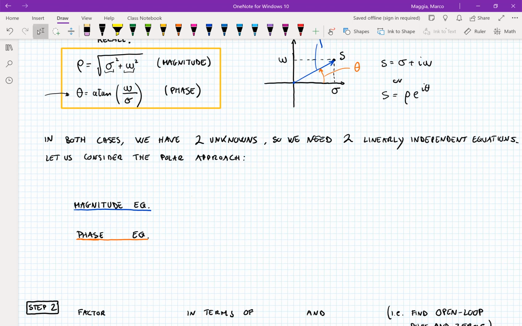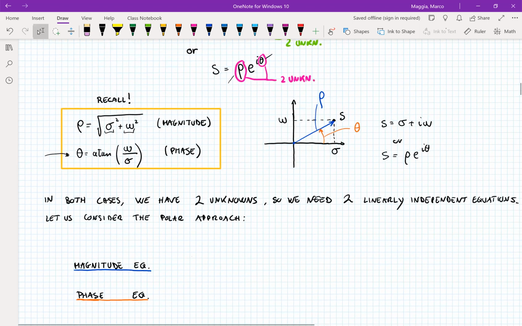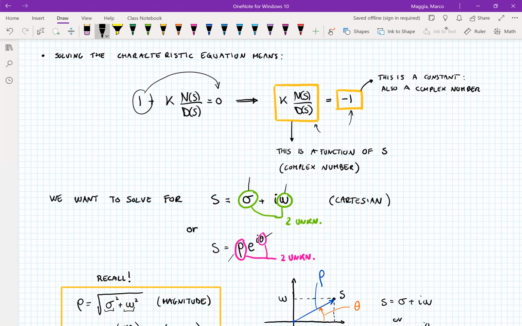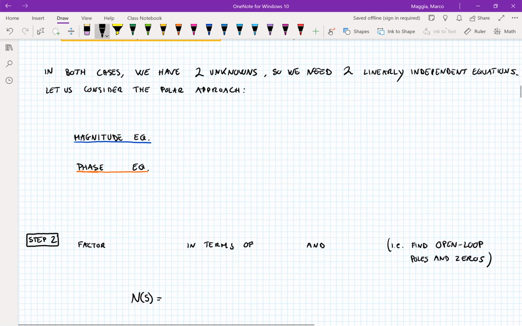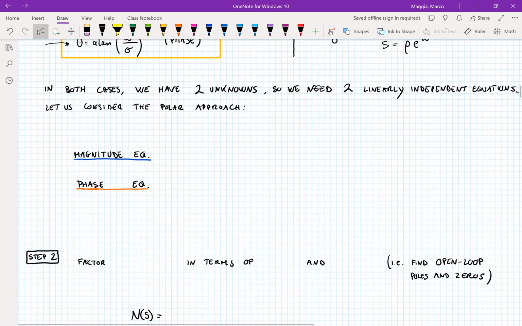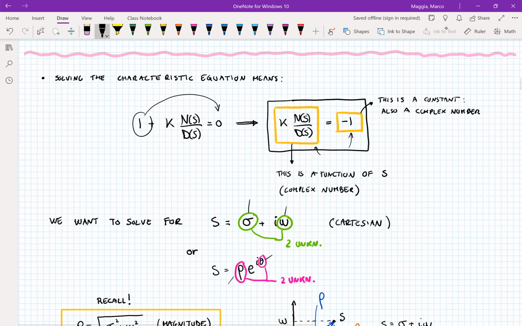So if we consider the characteristic equation from a polar coordinate perspective, you want the magnitude of the left-hand side to be equal to the magnitude of the right-hand side, and then the phase of the left-hand side to be equal to the phase of the right-hand side of the equation.